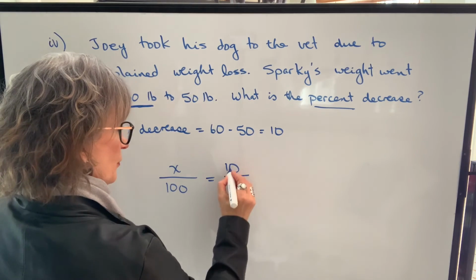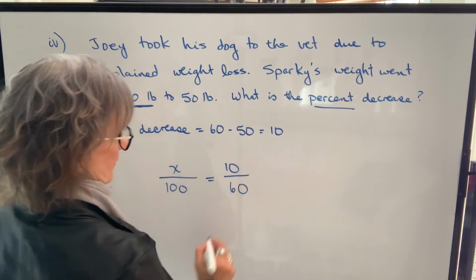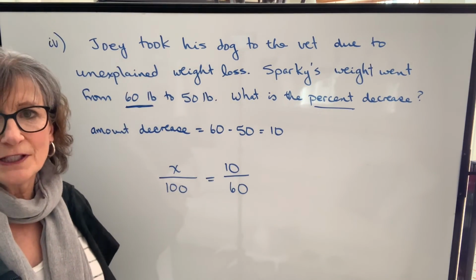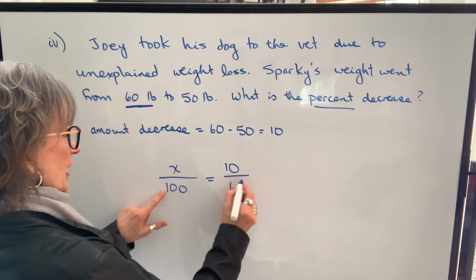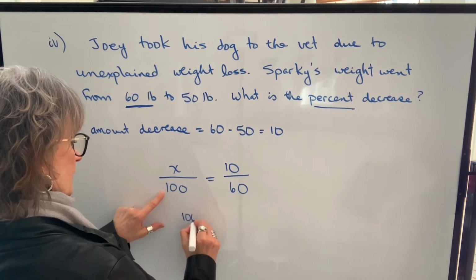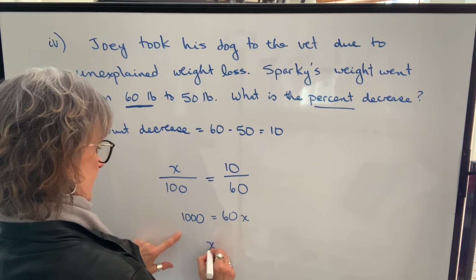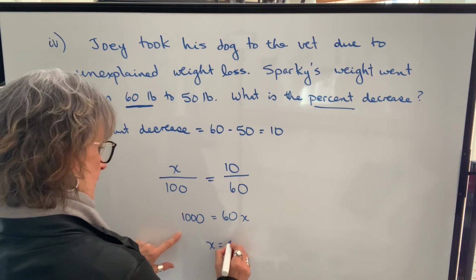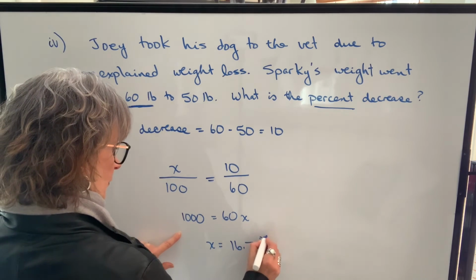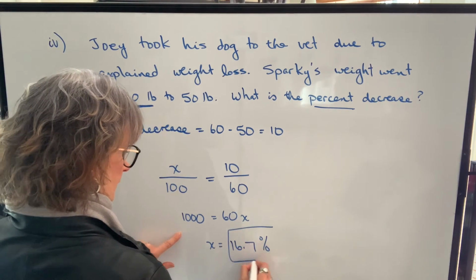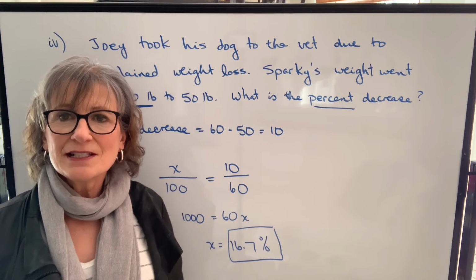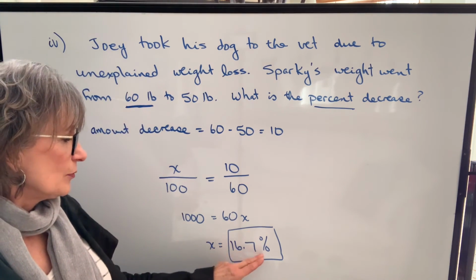We want to know what percent 10 is of 60. Not the new weight, but the original weight. Now we cross multiply, so we're going to get 1,000 equals 60 times x, divide both sides by 60, and we get 16.7%. So the percent decrease is 16.7%.